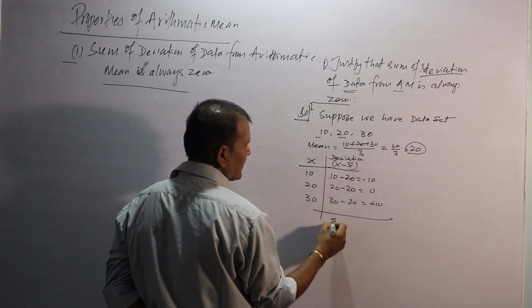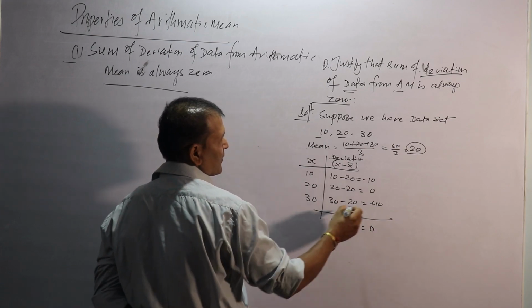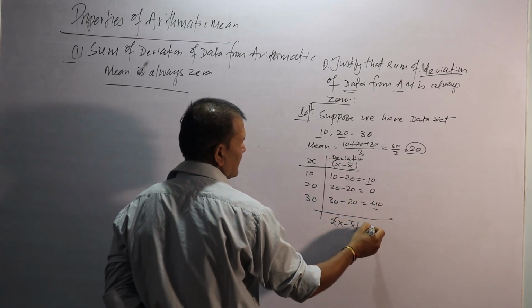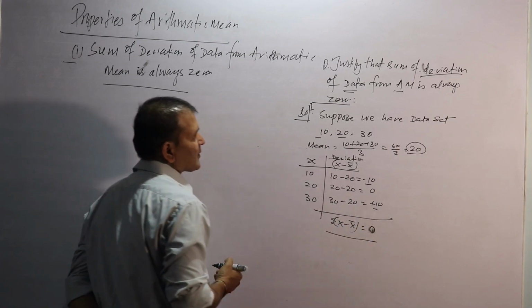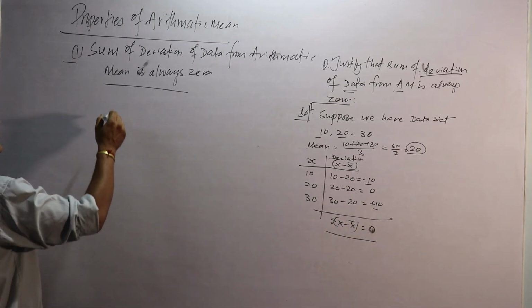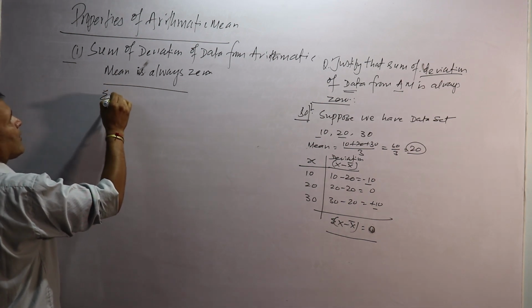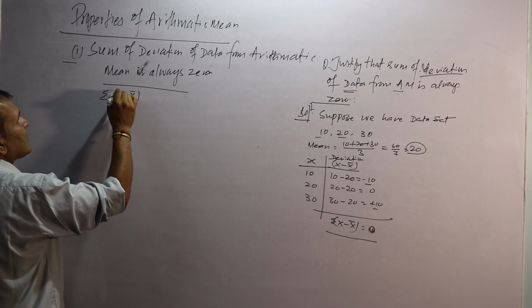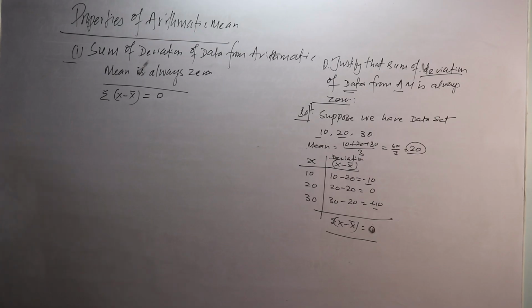So sum of deviation, sum of (x minus x mean), is equal to minus 10 plus 10, which is 0. So this is the justification answer. Sum of deviation of data from arithmetic mean is always 0.